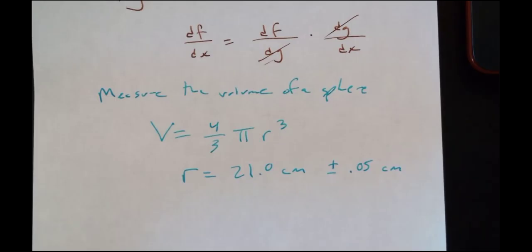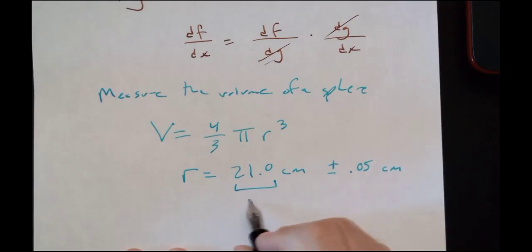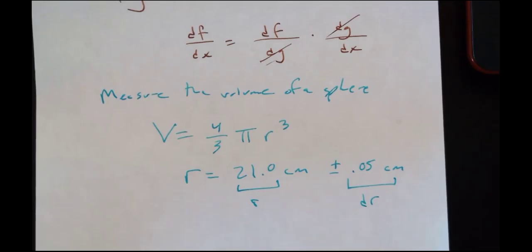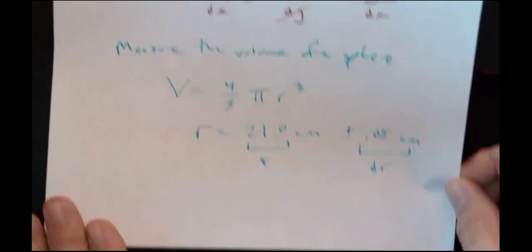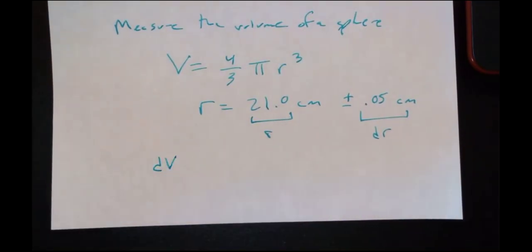This measurement is R, this 21 centimeters. This is a change in R. So let's think of this as R and this as dr. And when I'm asking you how far off is my volume, I'm really asking for what's the change in V based on this change in R.